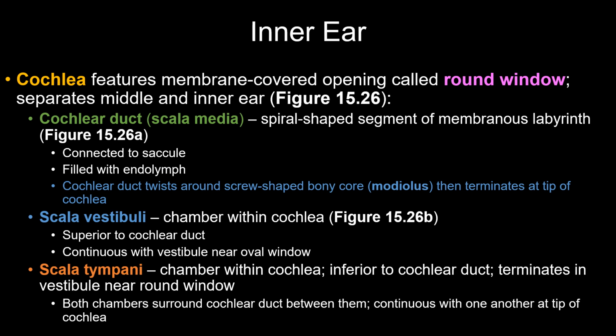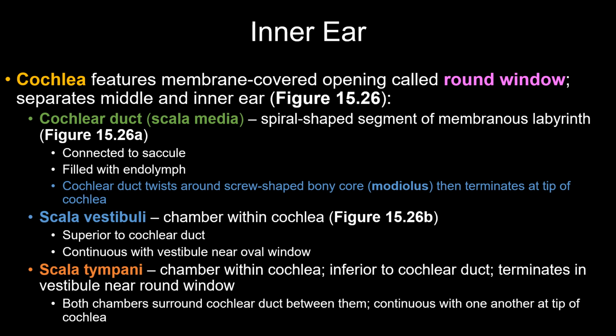So there are two other chambers that spiral through the cochlea, each one filled with perilymph. Above, superior to the cochlear duct, you have the scala vestibuli, and this is continuous with the vestibule near the oval window. Below the cochlear duct, you have the scala tympani, and this ends in the vestibule near the round window.